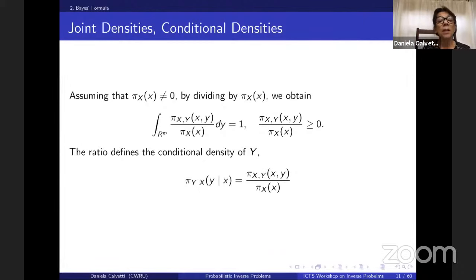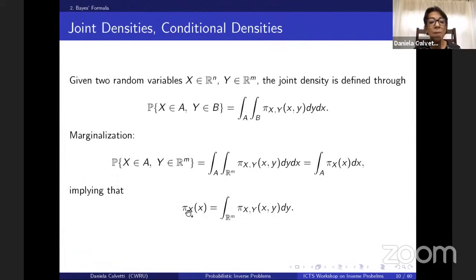So now, if I want to know the probability density function of x evaluated at x here, all I need to do is take this integral, fix x, and integrate with respect to y.